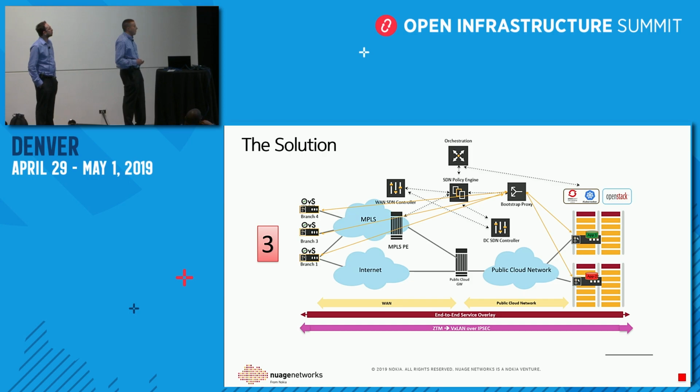So again, the same type of authentication, authorization is done. The SDN agent will actually be provided with symmetrical traffic encryption keys, as well as network policy. And now it can do end-to-end VXLAN over IPsec. So this branch can do VXLAN over IPsec, over the internet, over private MPLS, right into the public cloud, and terminate that tunnel right on the worker node, right?